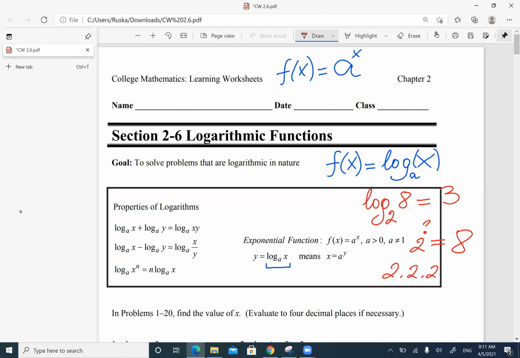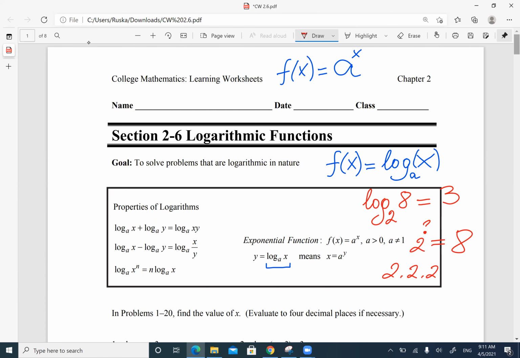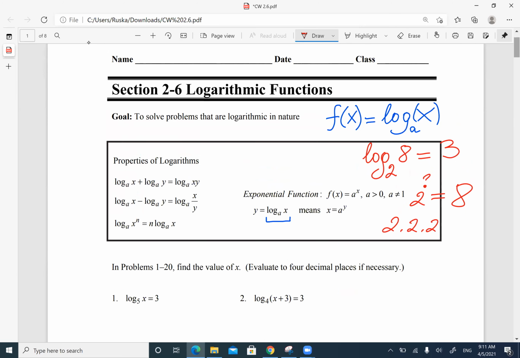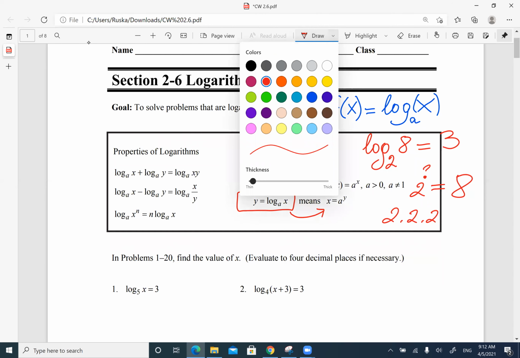Here we're going to do some properties, and these properties are going to help us solve equations with logarithms. These are the basic operations we're going to do with logarithms. First, if you're given an equation with logarithms, you solve it by changing it to exponent. How do you change it to exponent? You're doing something like a circle.